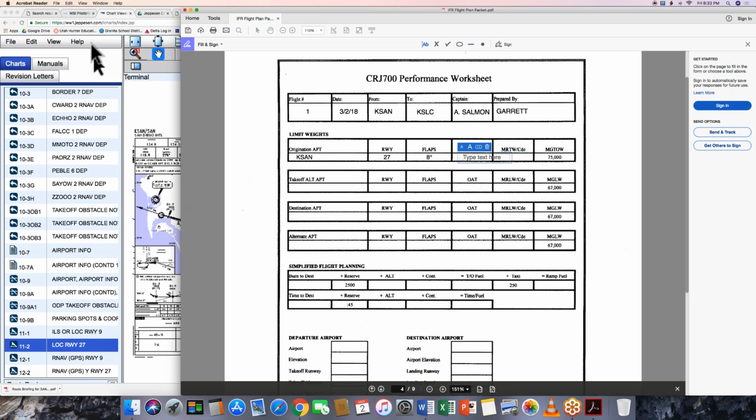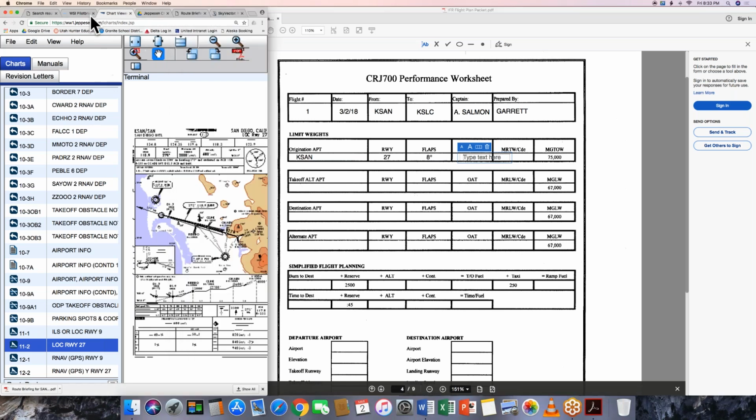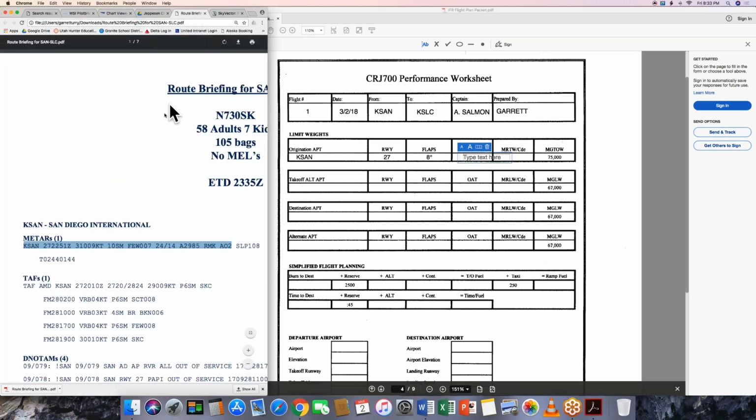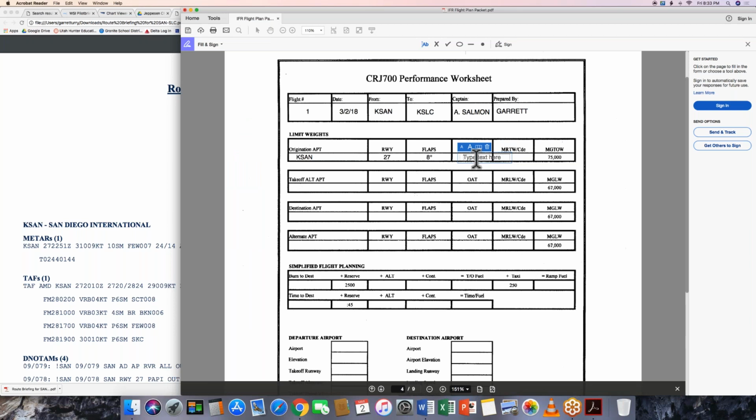Okay, outside air temperature. Let's look at our route briefing again. And where's our outside air temperature on the METAR? It would be 24 degrees Celsius. Okay, 24 degrees Celsius.